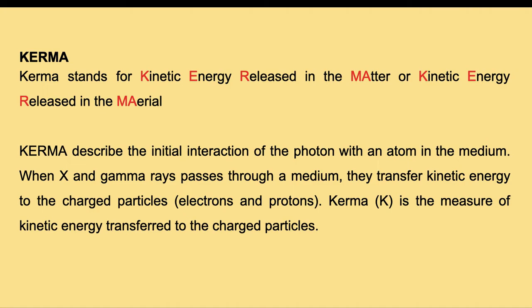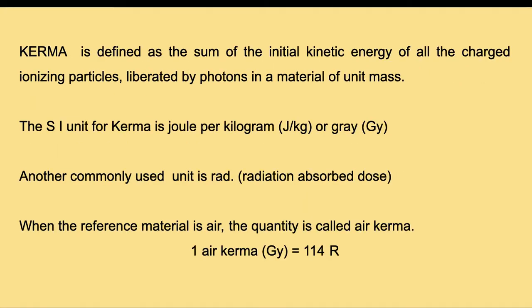When X and gamma rays pass through a medium, they transfer kinetic energy to the charged particles, that means electrons and protons, in that medium. And Kerma is the measure of kinetic energy transferred to the charged particles. And you can define this Kerma as the sum of the initial kinetic energy of all the charged ionizing particles liberated by photons in the material of unit mass.